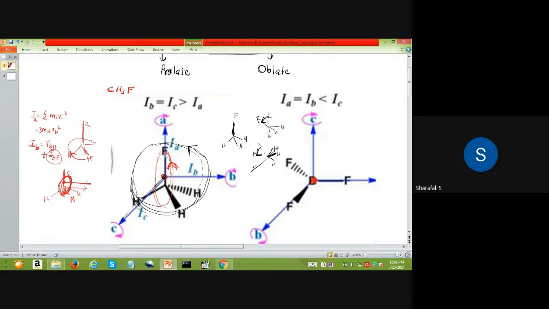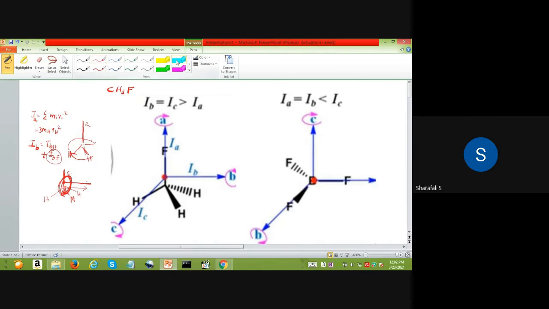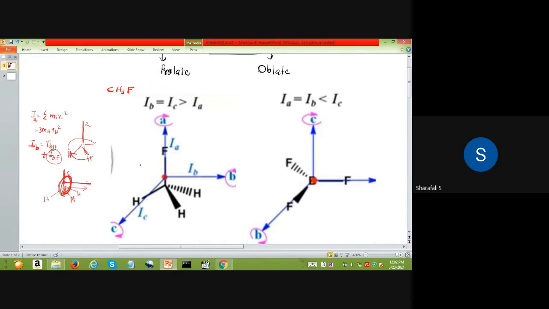So I am saying rotation with respect to that C axis. So the entire molecule will be rotating like this. Okay. So in that case also we have the same moment of inertia as that for B. Both of them will be having the same moment of inertia because the entire molecule is rotating.